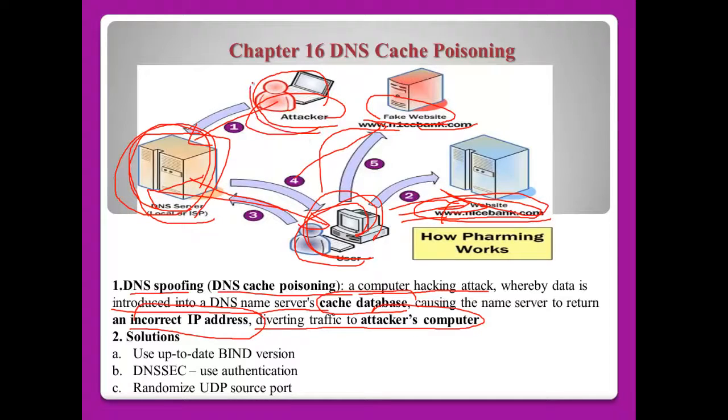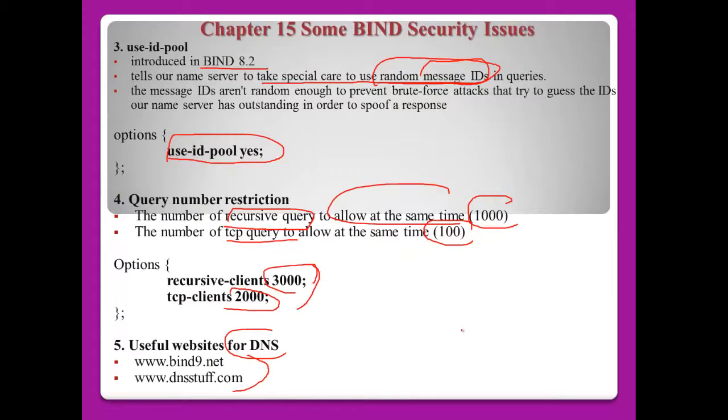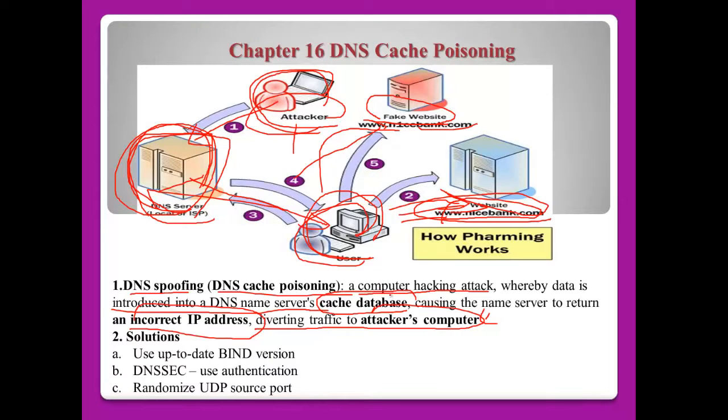When the attacker tries to poison this DNS cache, normally the attacker uses the DNS UDP port, normally 53, and the message ID. I already explained the message ID, so we need random message IDs. Using this message ID and the UDP source port, the attacker tries to poison this DNS server's cache.